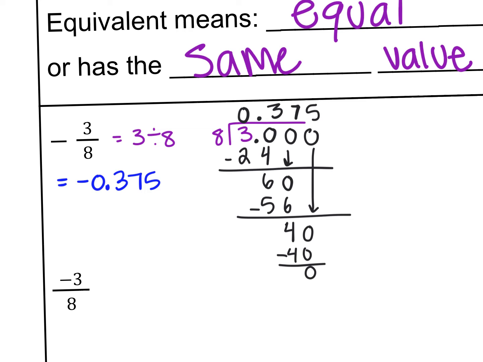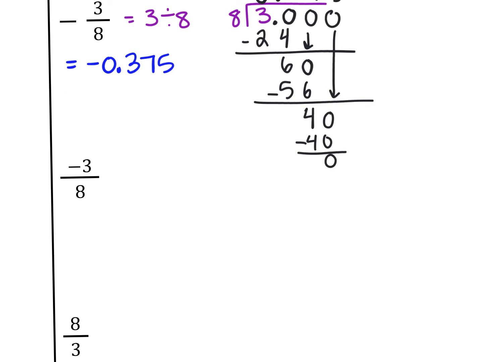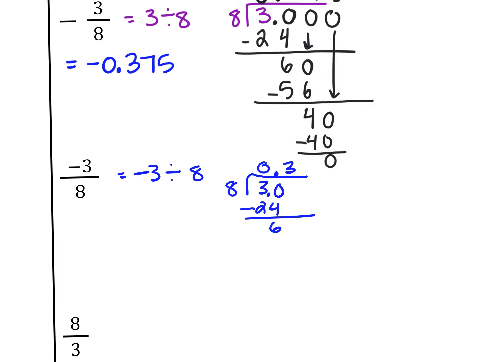I'm going to come back to that in a little bit. So the next one. Negative 3 divided by 8. So 3 goes inside the division. 8 goes on the outside. 8 does not go into 3, so I add a decimal, add a 0. 8 goes into 30 3 times. We're left with 6.